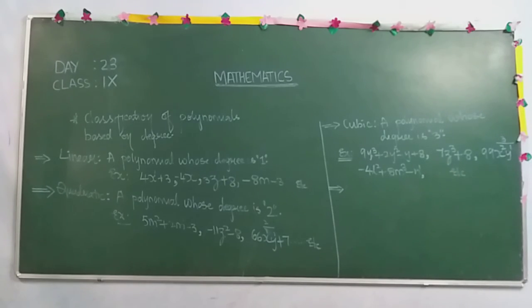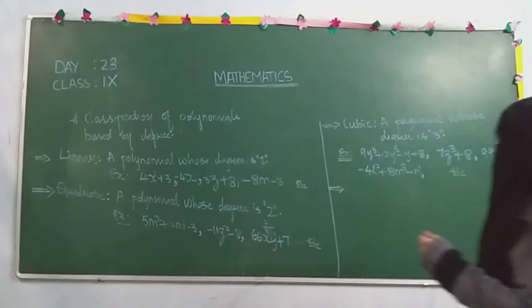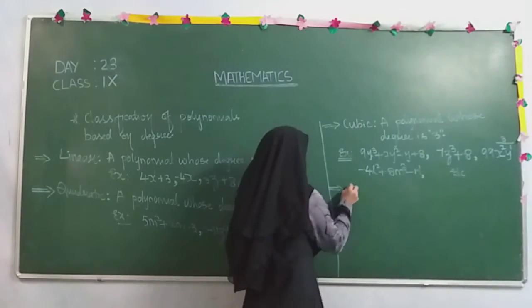One more polynomial is there in your syllabus, that is constant polynomial. What do you mean by constant polynomial? Yes, a polynomial whose degree is 0. Let's see the example of that.